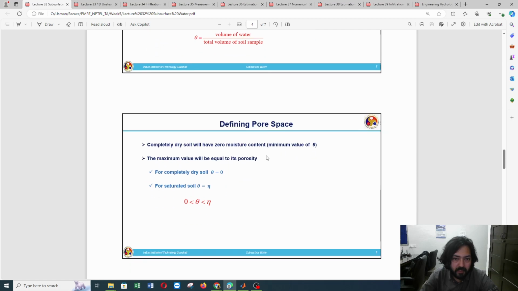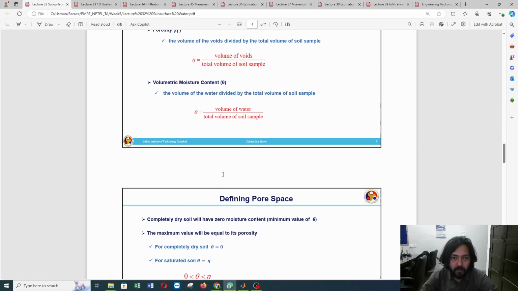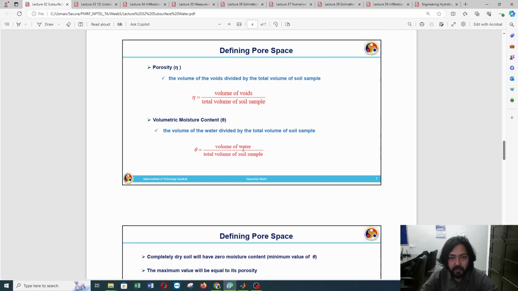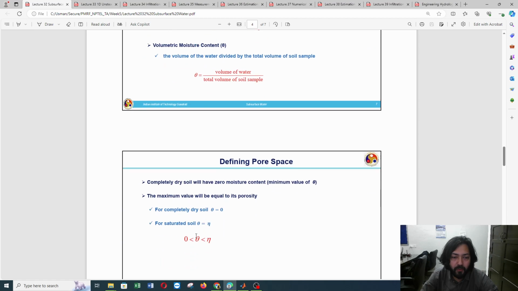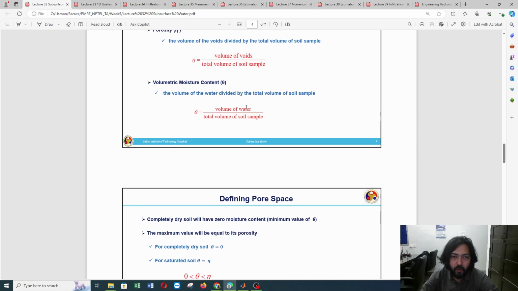Now let us see what defines pore space. We need to know the maximum value one can have of moisture content. For dry soil, theta is equal to 0, because the volume of water will be 0. But when we look at saturated soil, the volume of void is completely filled with water only.